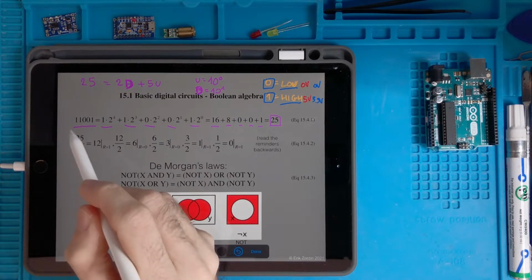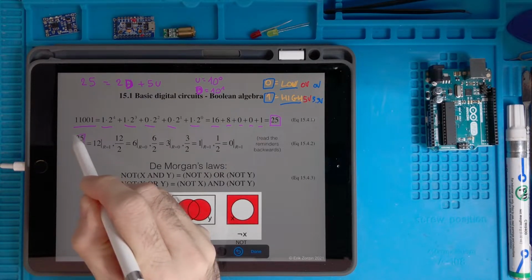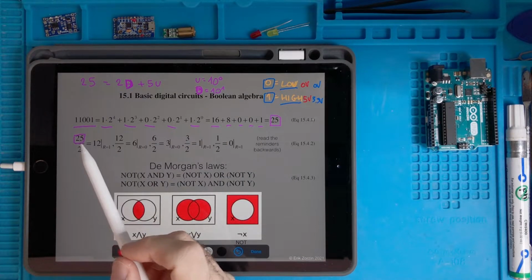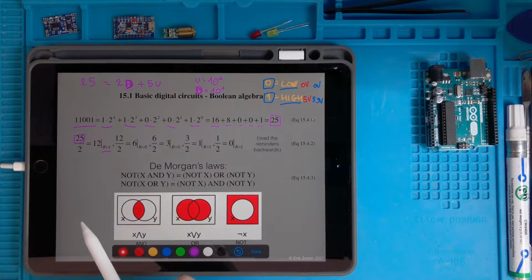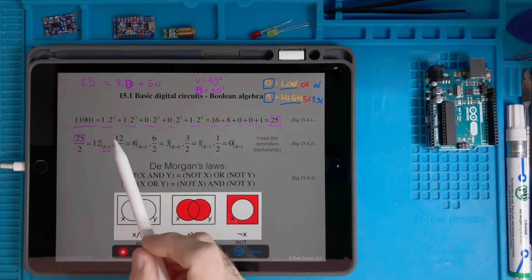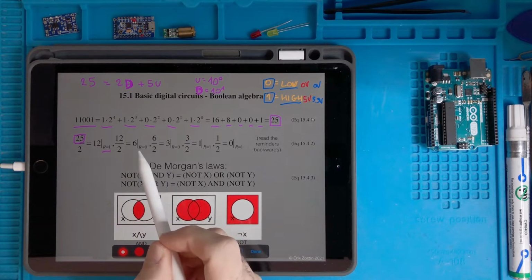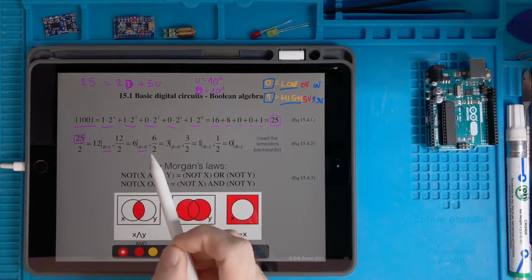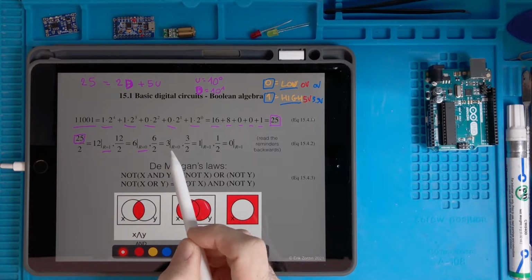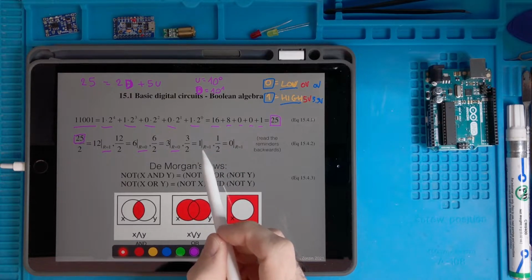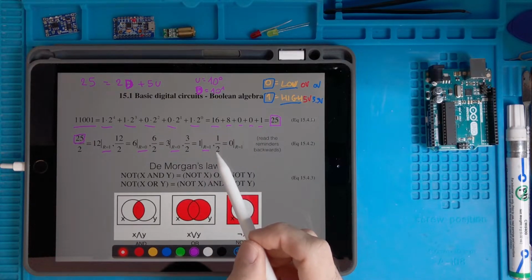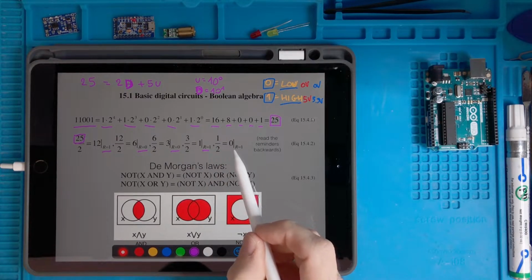For instance, here we start from the number 25, of course it can be any number. 25 divided by 2 is 12, and the remainder is 1. Then 12 divided by 2 is 6, and the remainder is 0. 6 divided by 2 is 3, and the remainder is 0. 3 divided by 2 is 1, and the remainder is 1. 1 divided by 2 is 0, and the remainder is 1.